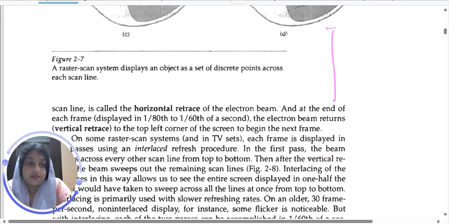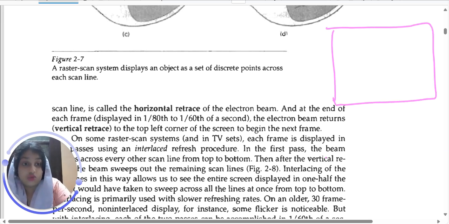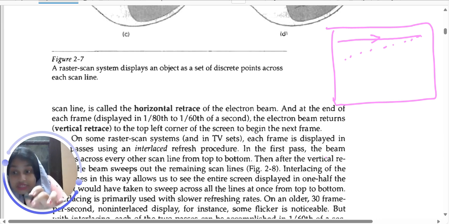So what does that mean? Here it is going to the right side, and then it comes back to the left side. This is what we call horizontal retrace. It is going horizontally, and it is retracing its path, going back along its path. That's why it is called horizontal retrace.